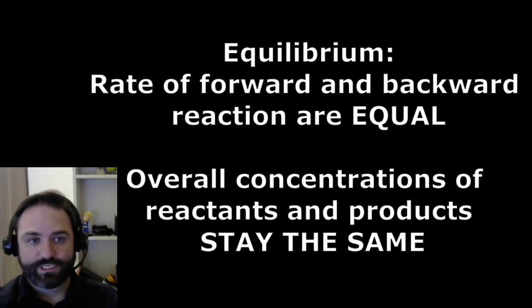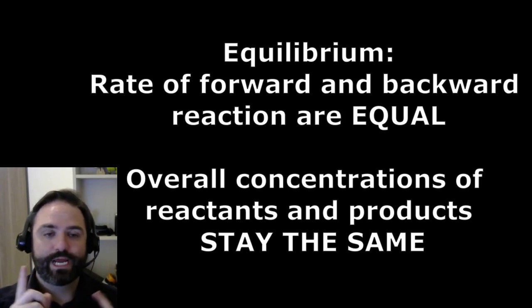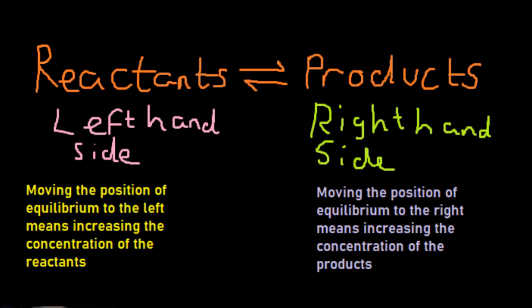If we have a closed system and we set up equilibrium, what we can do is change the position of equilibrium. Now, what does that mean? It means that we can move the concentration over more to one side or to the other. So for example, if I set up an equilibrium and I have more of my reactants than my products, I can change the conditions and make more of my products and less of my reactants, and a new equilibrium will set up.